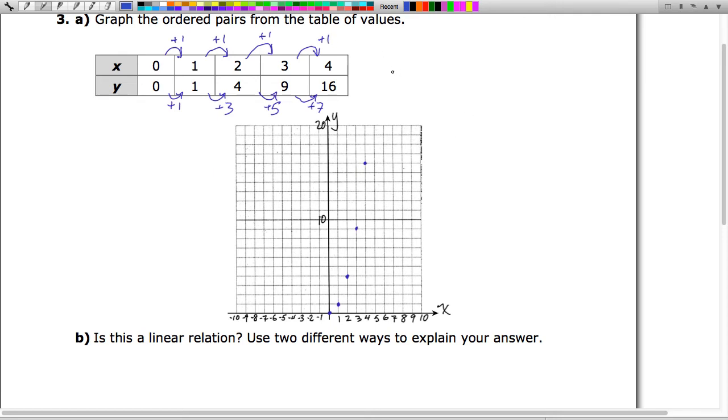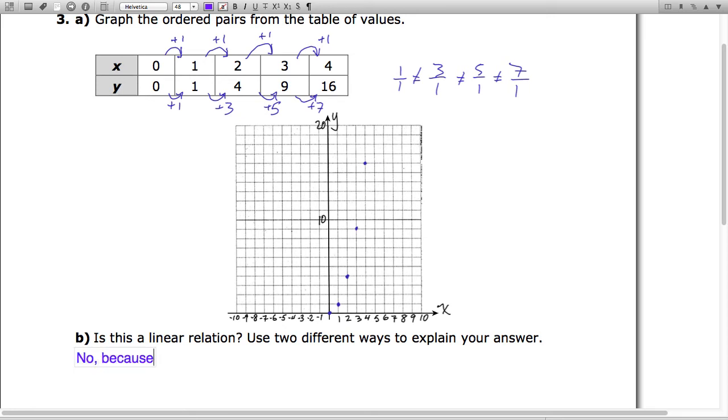And what you notice is that the change in y over change in x is first of all 1 over 1, then it's 3 over 1, and then it's 5 over 1, and then it's 7 over 1. Are these things equal? No, they're not equal. So to answer the question, it's no, because the change in y over the change in x is not a constant.